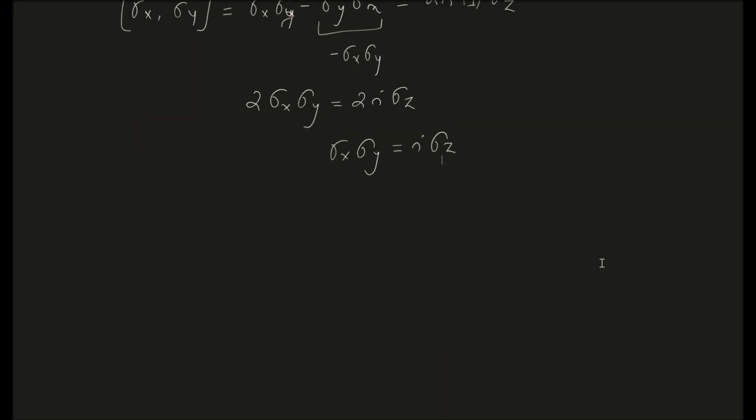Now if you multiply with sigma z on both sides, you get sigma x sigma y sigma z is equal to i sigma z square. But the square of these matrices is the identity matrix, so sigma x sigma y sigma z is equal to i times the identity matrix.